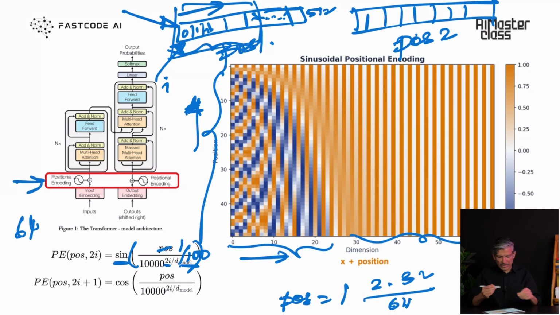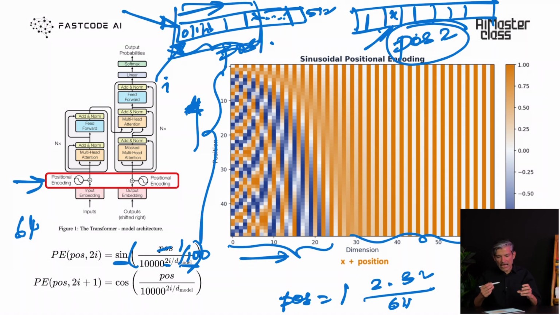So we just calculate the sine and cos based on two things: the position of the token itself and the position of the element of that number in the vector. Based on that, we calculate this positional encoding, and then we add this positional encoding to the original token, the original embedding.